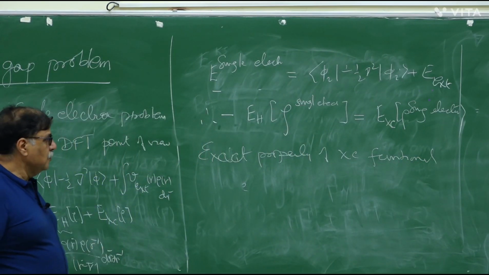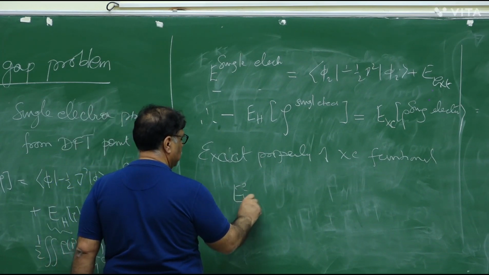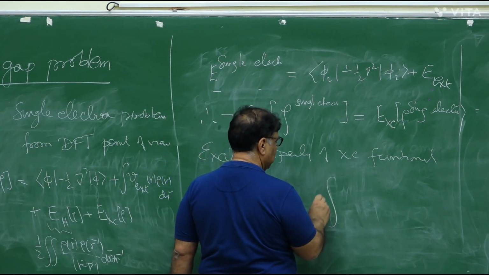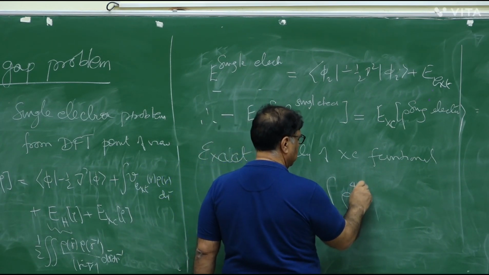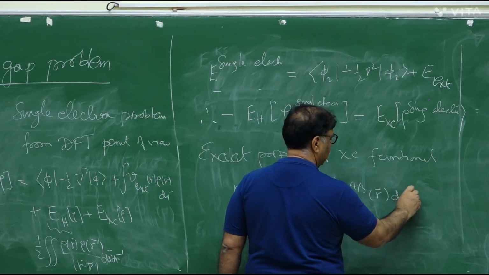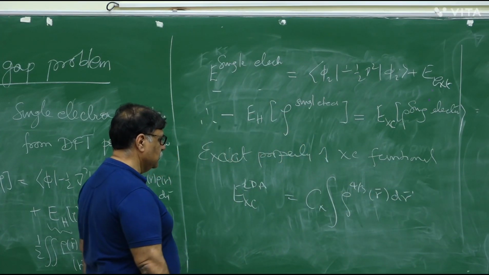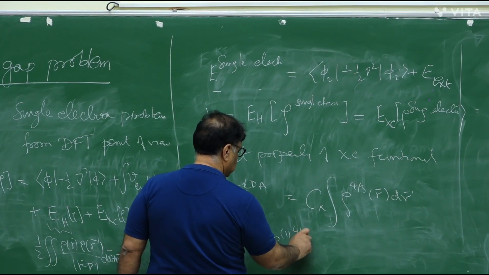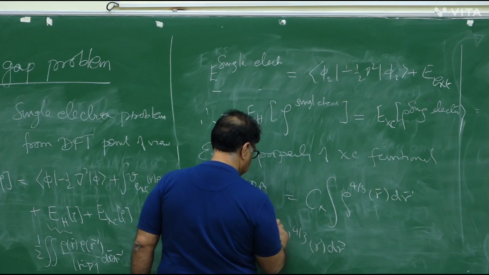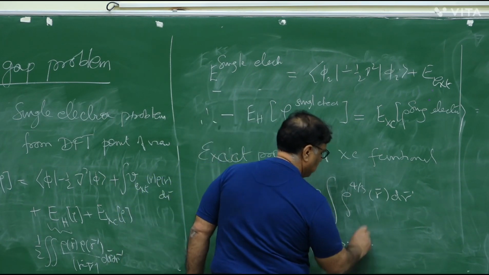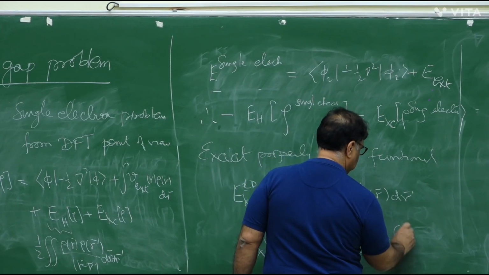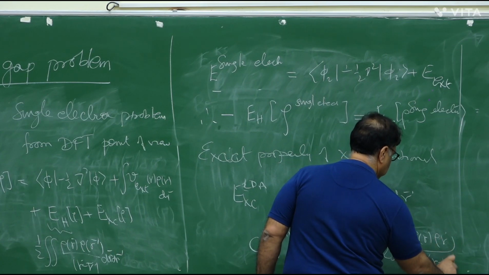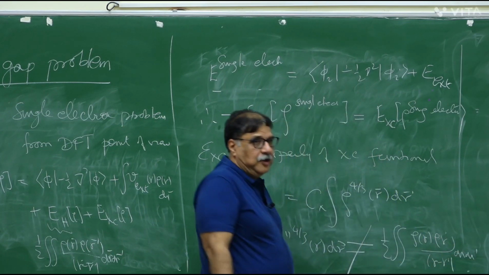But in real life, it doesn't happen. For example, if you take E XC LDA, this is like the exchange part, which is nothing but some constant Cx times rho raised to 4/3 of r. So for a single electron, the integral of rho 1 to the 4/3 power times Cx is not equal to the Hartree term, 1/2 of the double integral.